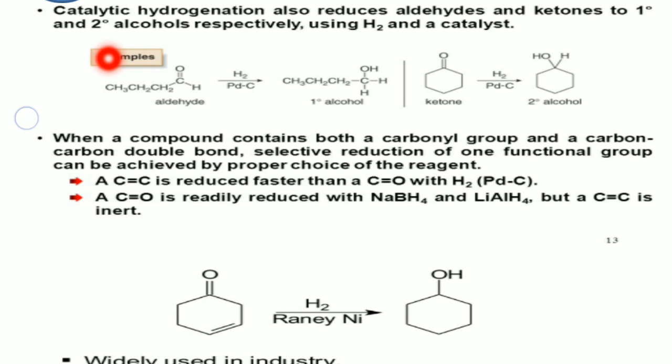This is the difference between the reduction by lithium aluminum hydride and sodium borohydride.